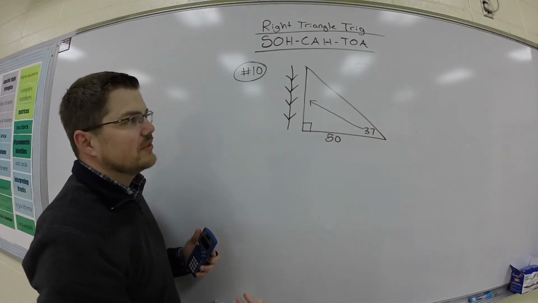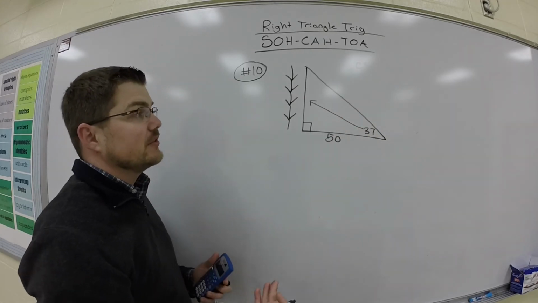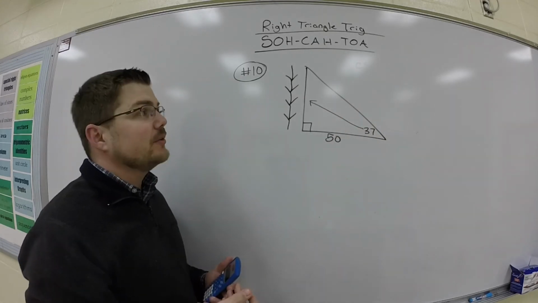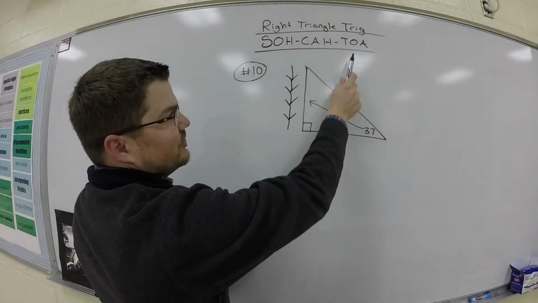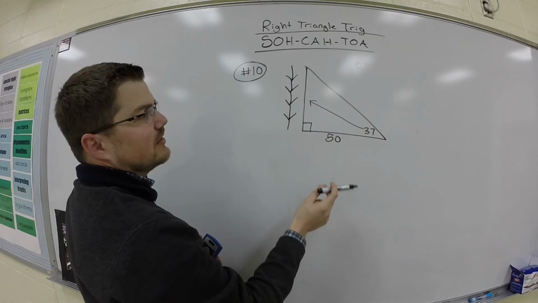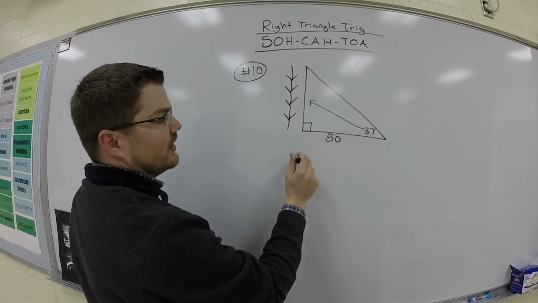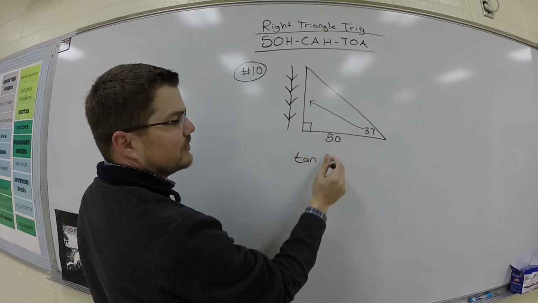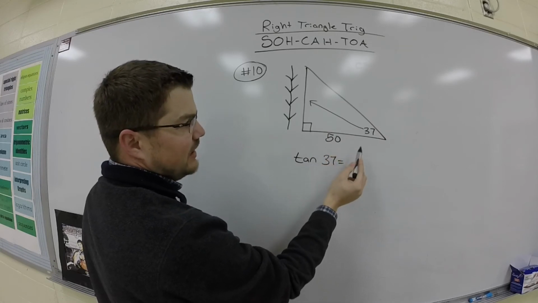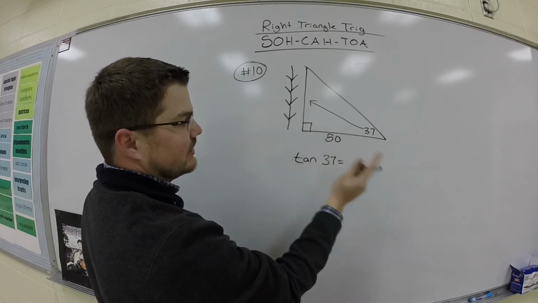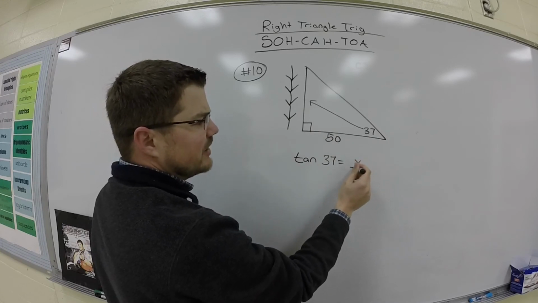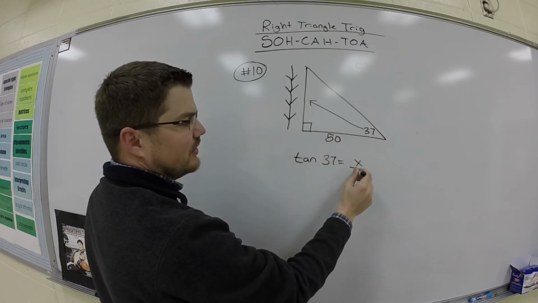There are 2 trig functions that do not use the hypotenuse, tangent and cotangent. Tangent is opposite over adjacent. And so I'll say tangent theta, which is 37, equals opposite, I'll just call this side x, that's what we're trying to find, opposite over adjacent, 50.